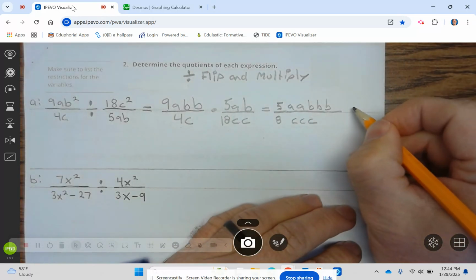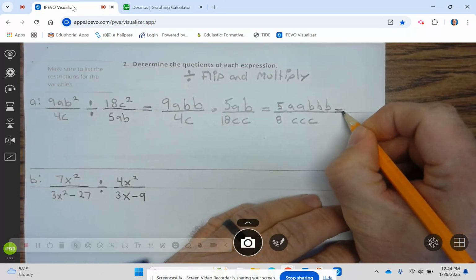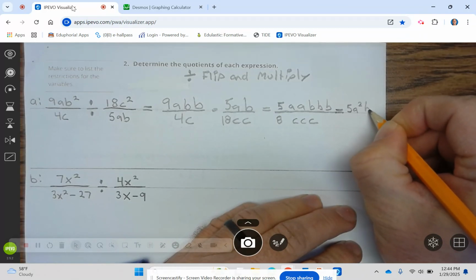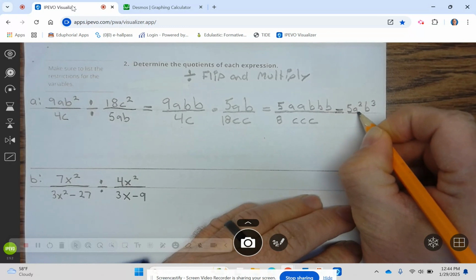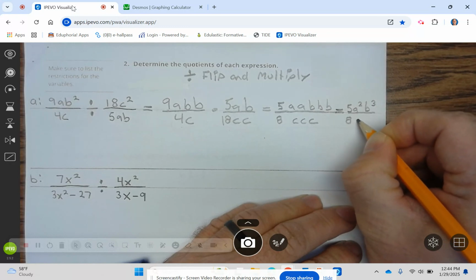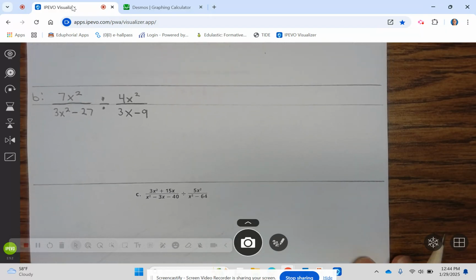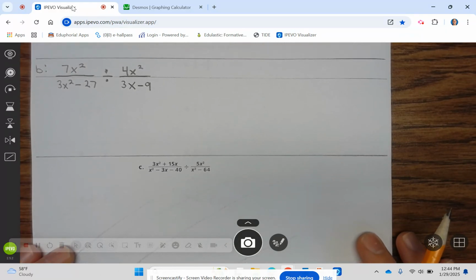So this equals 5a squared b cubed divided by 8c cubed. All right, go ahead and finish up A. All right. Let's take a look at B.